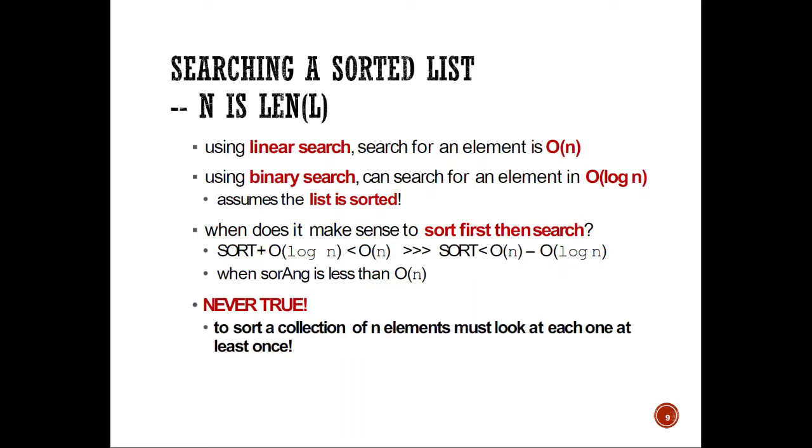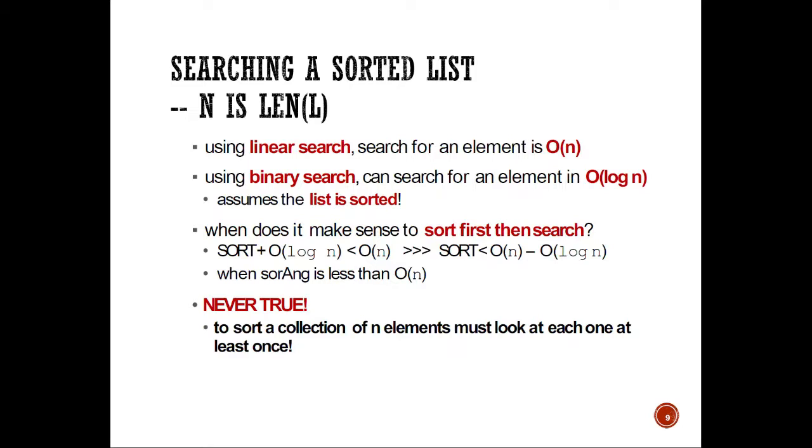So as mentioned earlier, if we use the linear search method, we have the complexity of O of n. If we're using the binary search method or the bisection search method, we can find the element in order of log n. However, the assumption to be able to use the binary search is that the list is sorted.